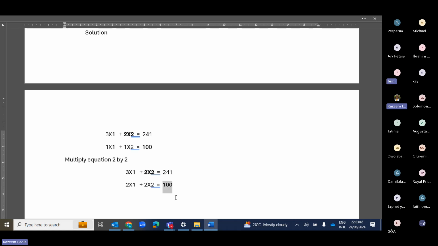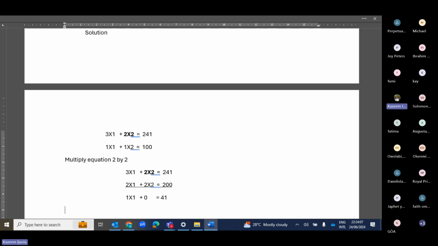Then you subtract equation 2 from equation 1. Your x1 will now be 1x1 plus 0, and it is equal to 41.